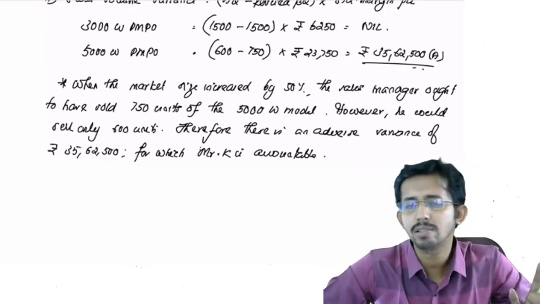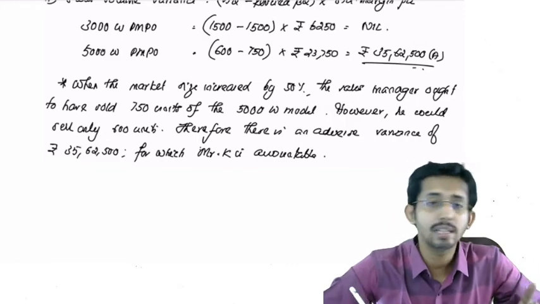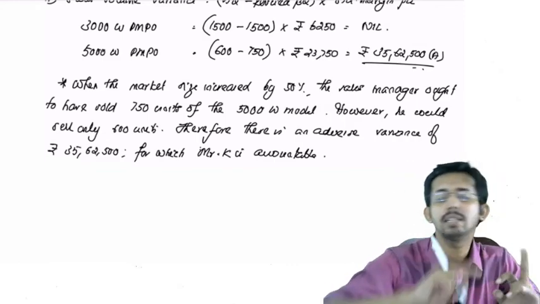Sales price variance is nil, because there is no variation in the selling price. There was variation which was offset with each other.